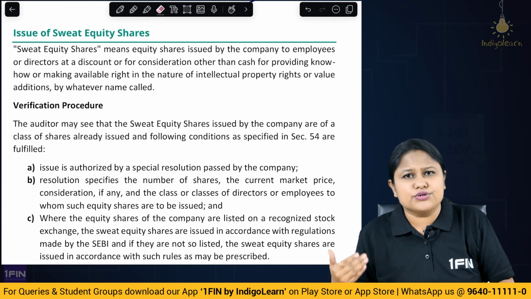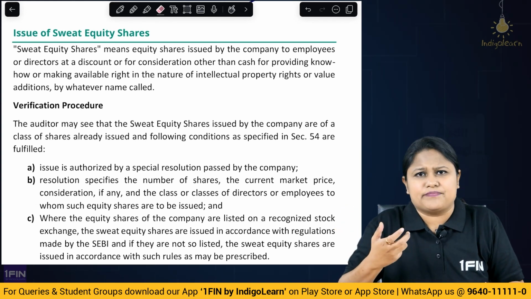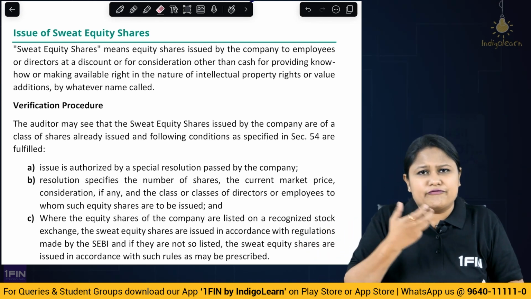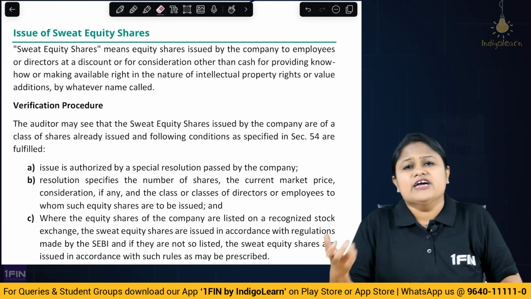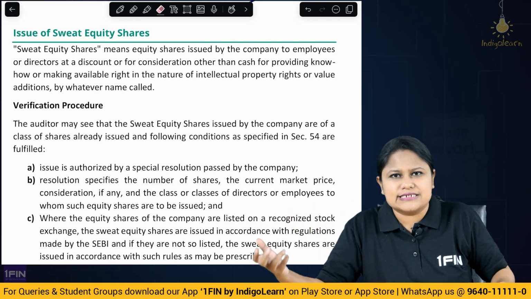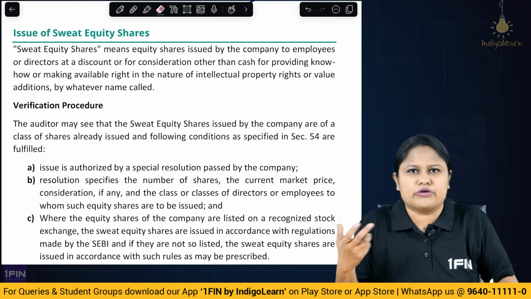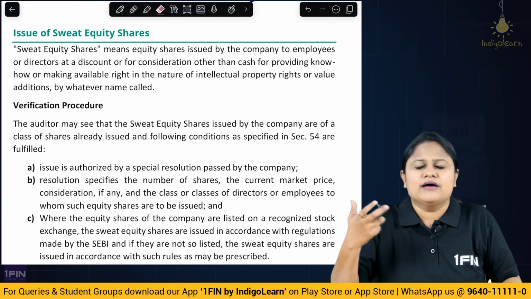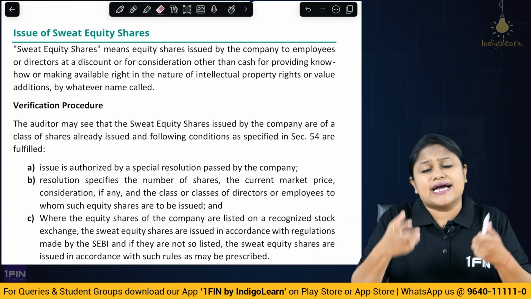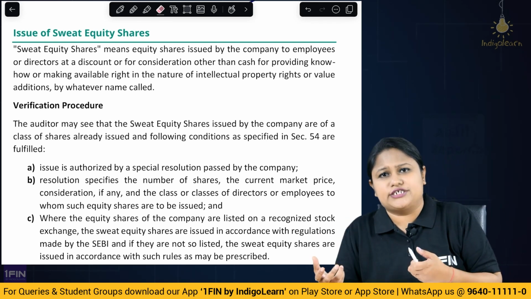Whatever provisions you know, you simply go on writing verify. Verify that it is within a lock-in period of 3 years, verify whether the special resolution has been passed, verify whether shares are actually issued within 12 months of passing the special resolution, because the life of that resolution is only 12 months. Verify whether proper filing of the resolution has been done with the ROC. So you can go on writing your additional points here also.